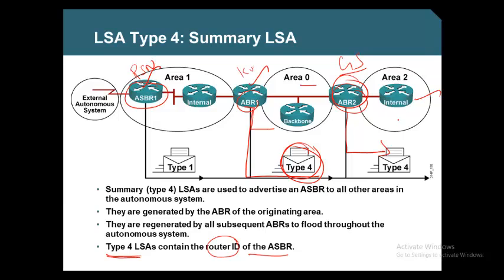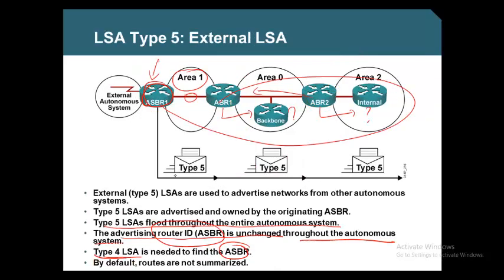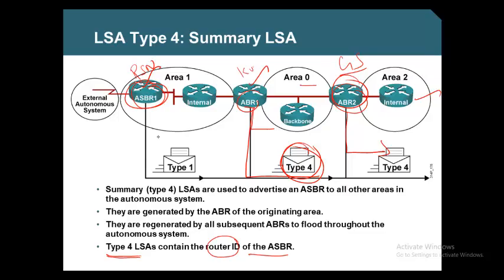Type 4 is not going to bring information about external networks. It is simply telling the ASBR's router ID. That's it. And it tells from the ABR, not from the ASBR. Type 4 is originating from the ABR.